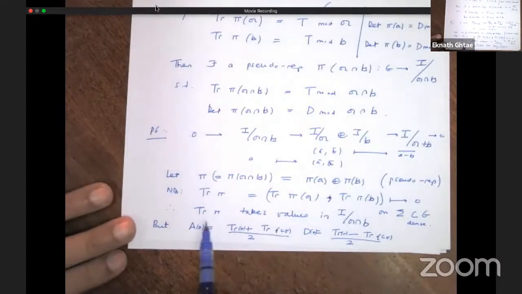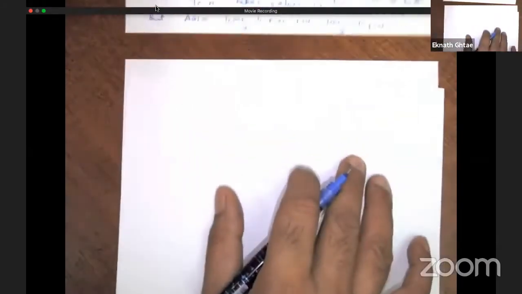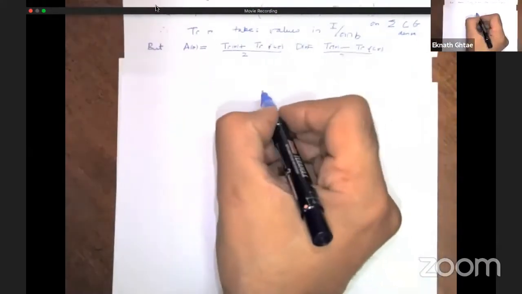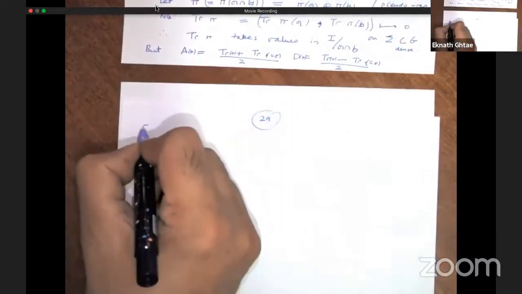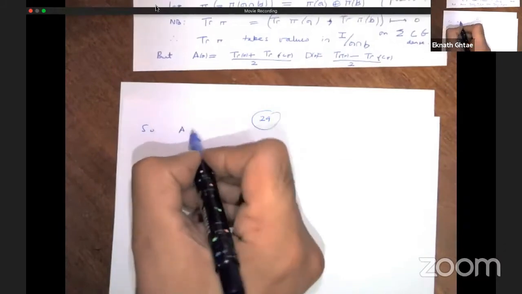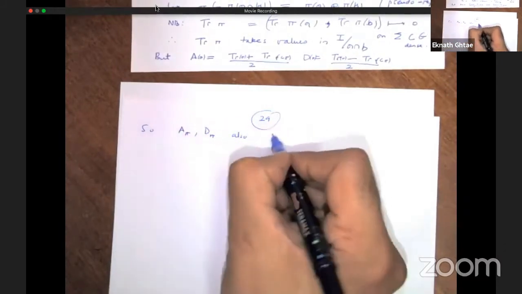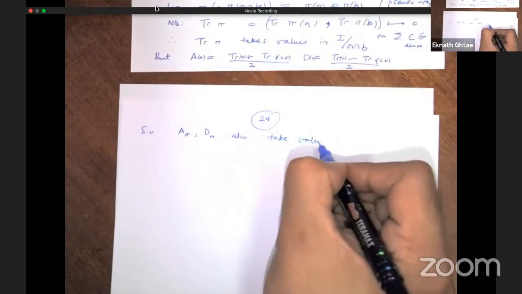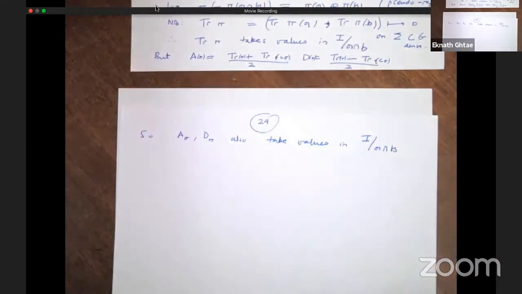Okay, so once you know that the trace takes values in I intersection B, from these computations we see that A of pi and D of pi also take values in I mod A intersection B, right?